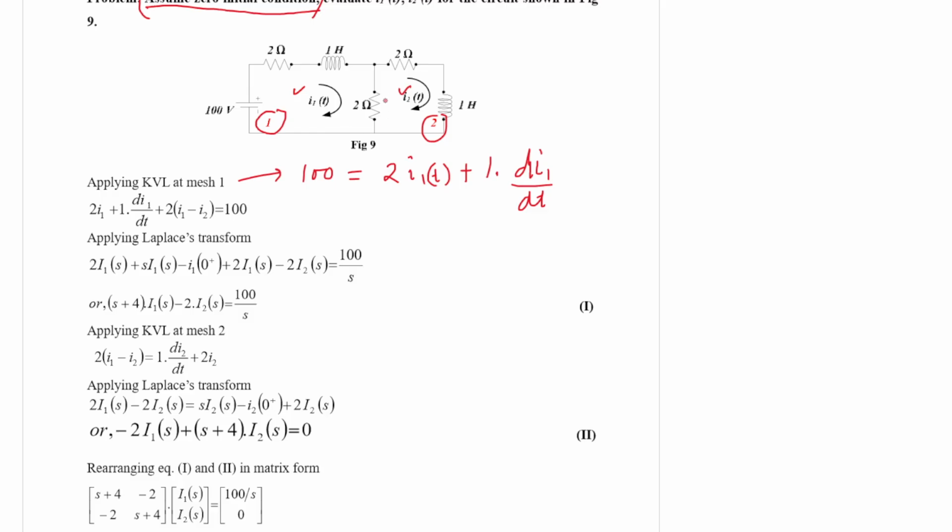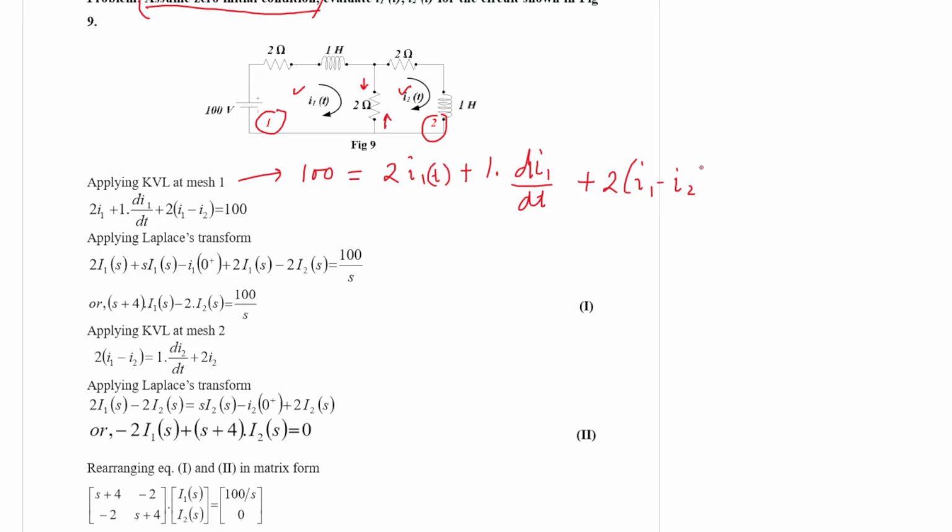Now you see this 2 ohm resistor, the current flowing through it is I1 minus I2, because I1 current is flowing from top to bottom in this direction, and I2(t) current is flowing from bottom to top. So the net current should be I1 minus I2. So we write 2 into (I1 minus I2), and that should be equal to 100. Okay, so that is already written.